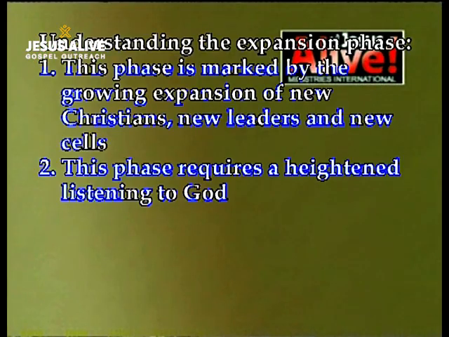This phase requires a heightened listening to God. As you begin to reach out in an increased way, there will be many opportunities. You will need to cover every one of these in prayer and with the wisdom of God. You will need to teach the cells and the zones to become increasingly active also in spiritual warfare, in prayer.